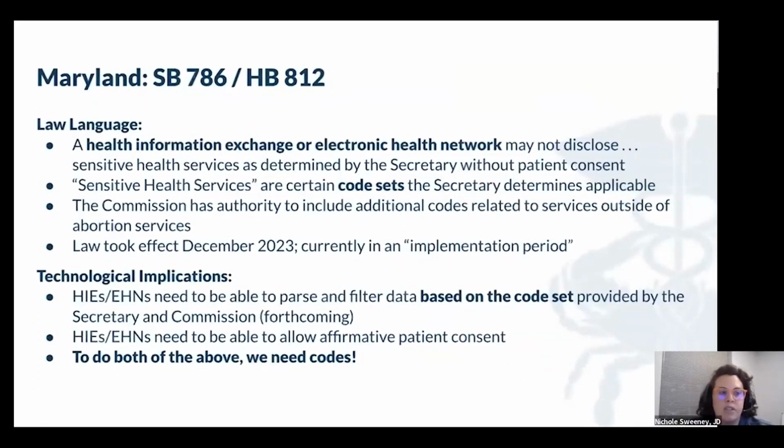Right after the Dobbs decision, in the 2023 legislative session within Maryland, Maryland was the first state in the country to adopt legislation that was in response to Dobbs to say, we know that healthcare information is shared across the country, and we want to make sure that that data is not used for services that were done legally in our state to investigate or prosecute someone in another state.